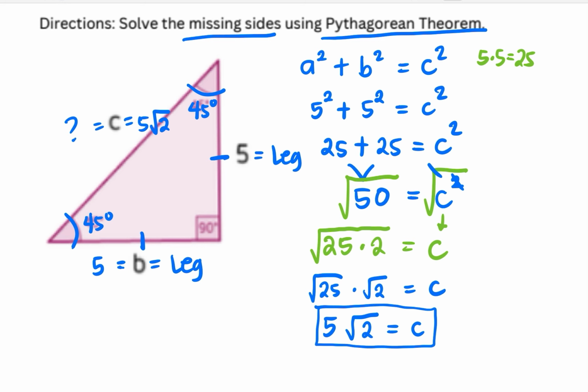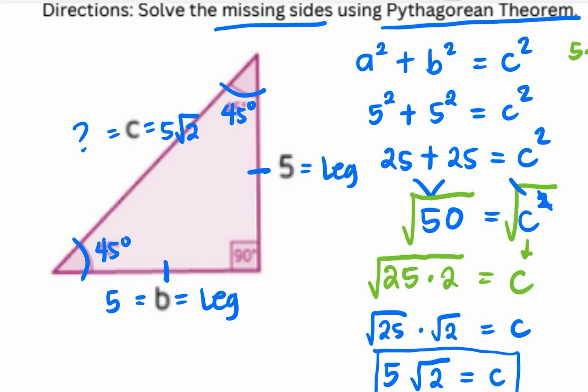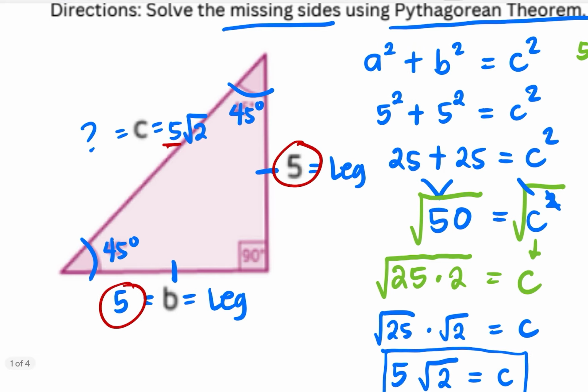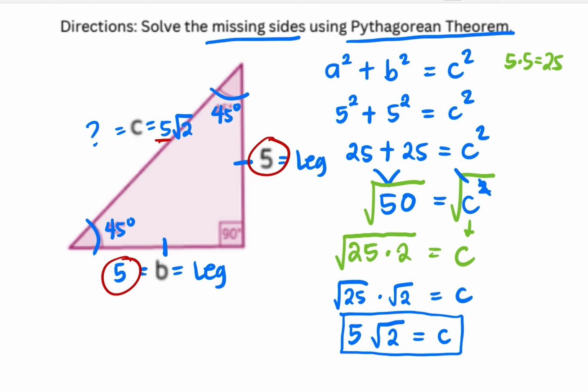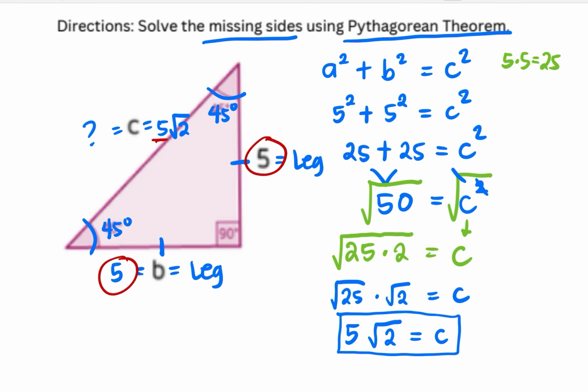Let us focus our attention on the answer that we have right here. Notice that the leg's measurement is 5, and there is also a 5 in the hypotenuse, or the value of c. So in case we are trying to find the hypotenuse in a 45-45-90 degree right triangle, we can use a formula.